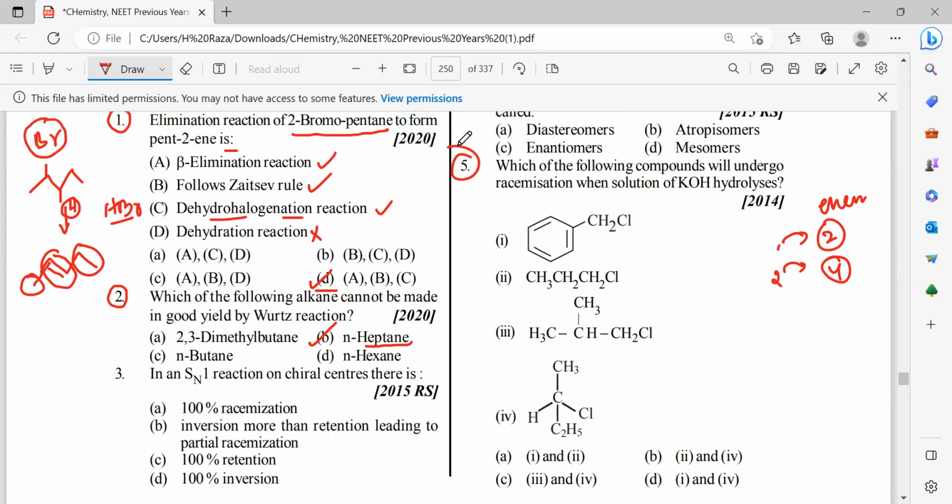Question number 5. Is it C? What you just said?